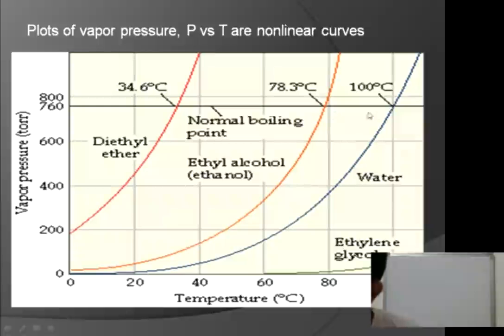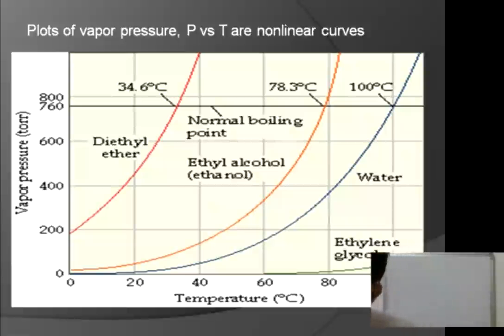Look at this. This is 100 degree centigrade, and the vapor pressure is 1 atmosphere. We call this, at 1 atmospheric pressure, the temperature at which liquid is in equilibrium, the standard temperature of boiling.